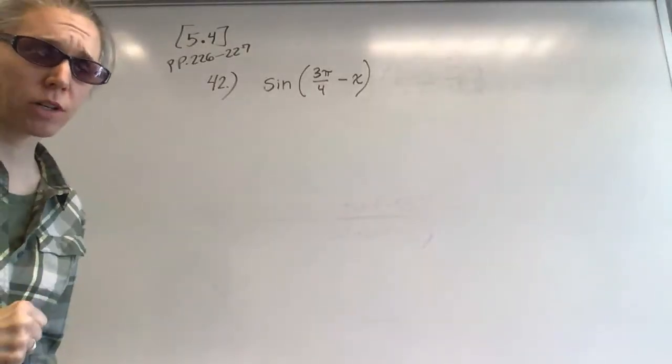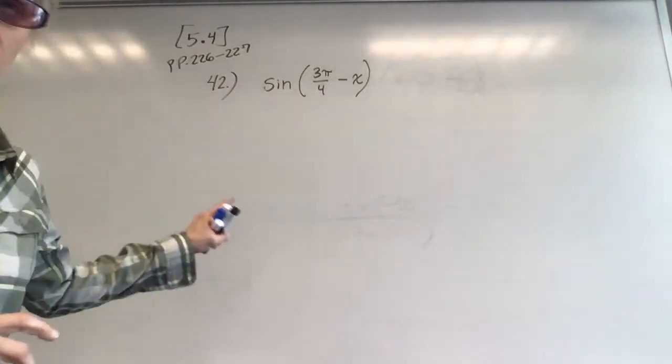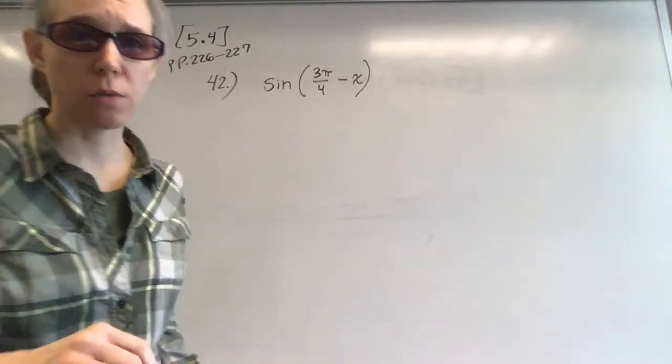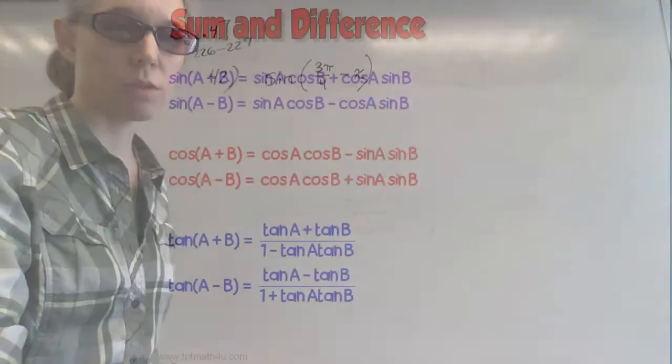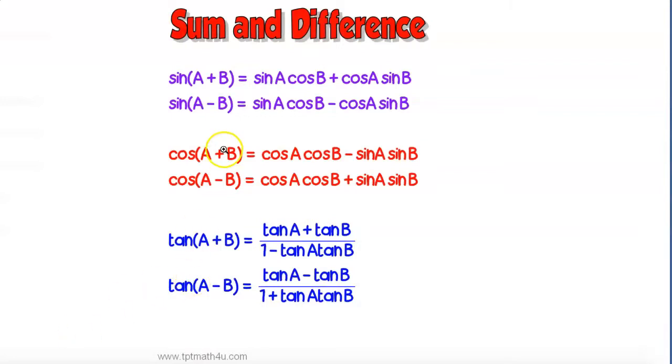Okay, number 42. We're going to be using a sine difference formula. So the sine difference formula is right here. Sine A minus B, that's going to give us sine cos minus cos sine.